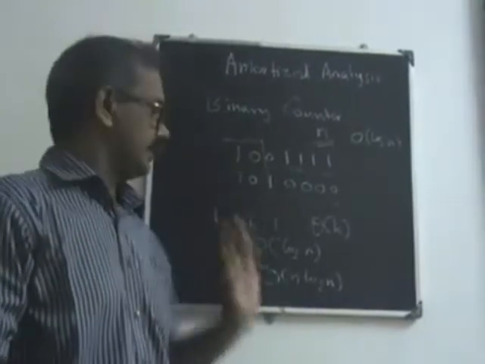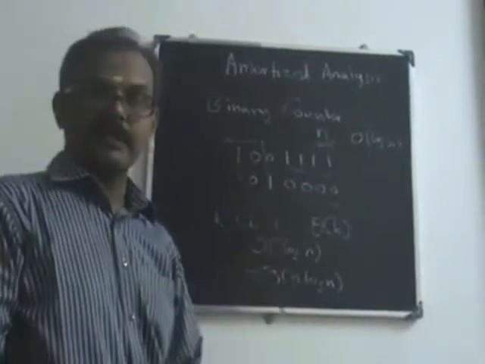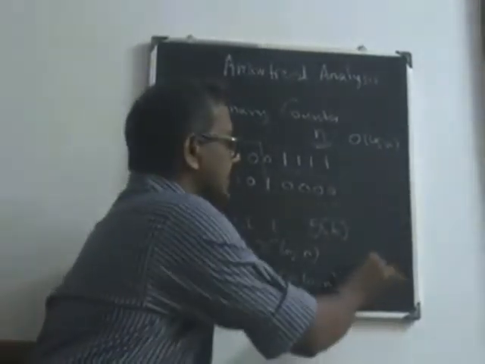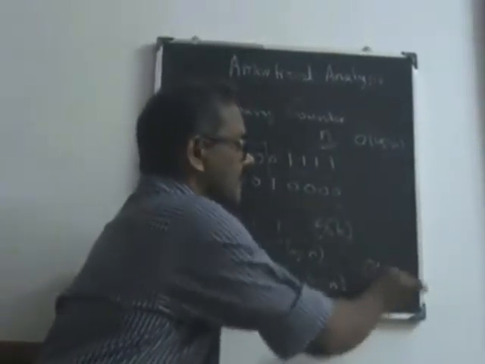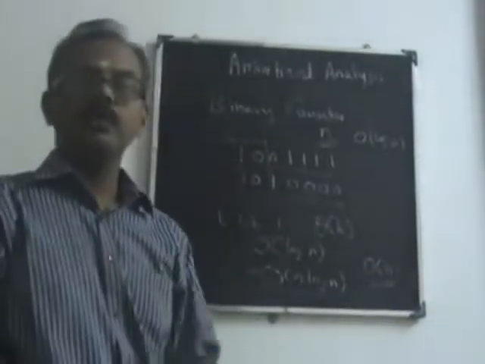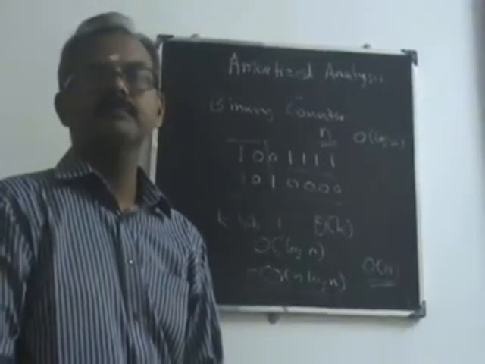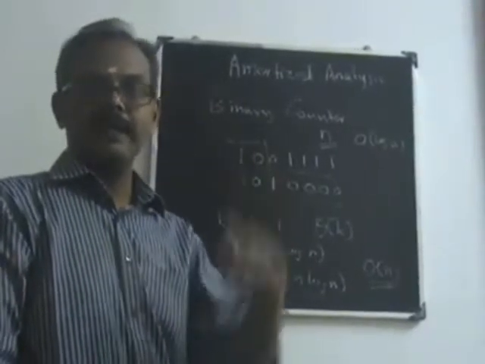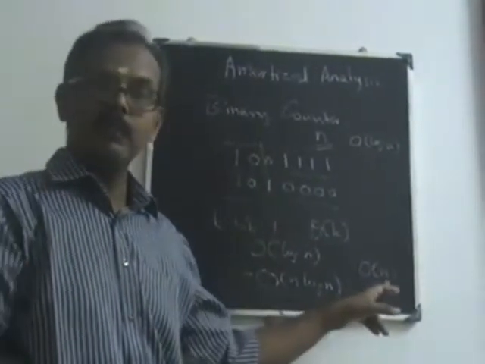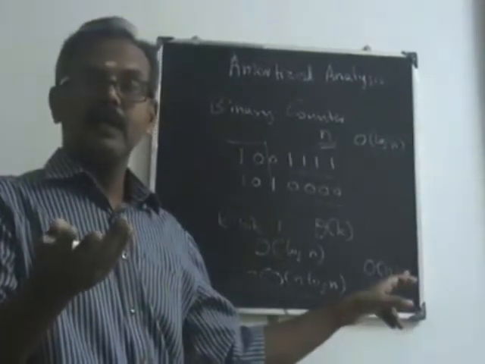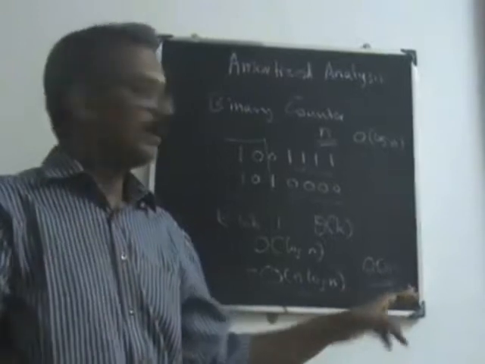But when we take amortized analysis, I can say that all these n increments can be done within order of n. That means a single increment takes only constant time. There are n increments, the total time is going to be order of n, so one increment is theta 1.